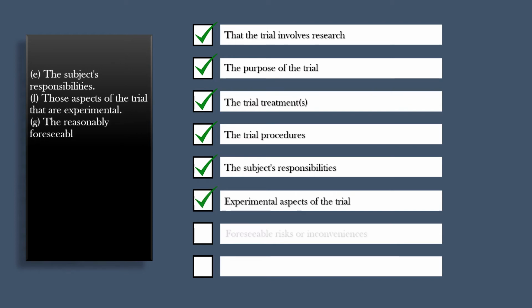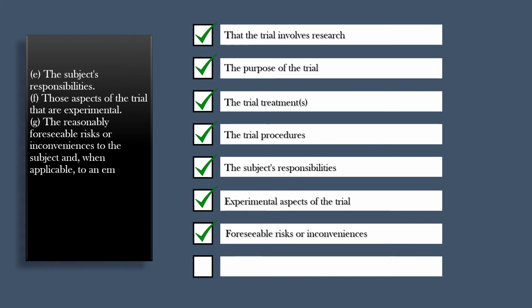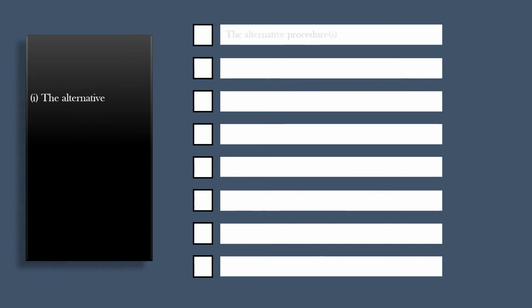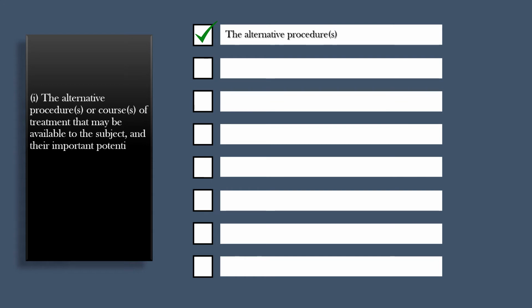The reasonably foreseeable risks or inconveniences to the subject and, when applicable, to an embryo, fetus, or nursing infant. The reasonably expected benefits. When there is no intended clinical benefit, the subject should be made aware of this. The alternative procedures or courses of treatment that may be available to the subject, and their important potential benefits and risks.